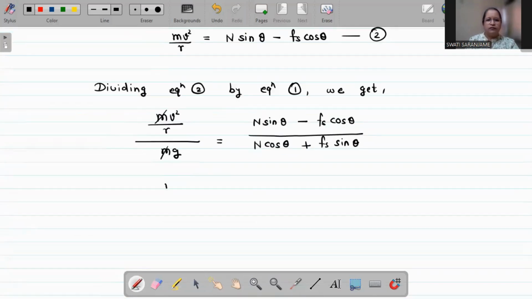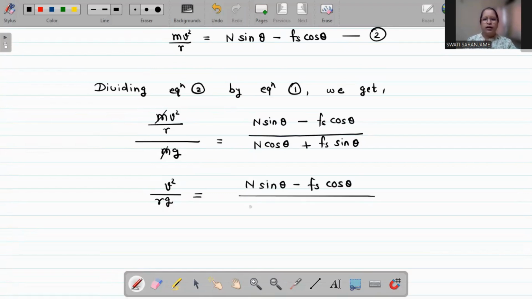As we see on the left hand side, m will get cancelled and we have v square by rg, which is equal to n sine theta minus fs cos theta upon n cos theta plus fs sine theta.